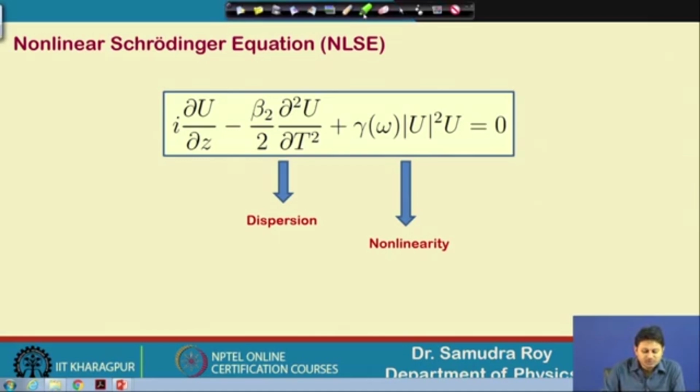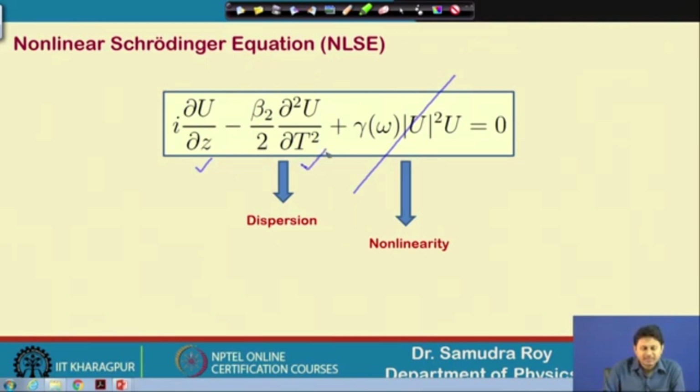This is the equation. If I remove this nonlinear part, then the rest of this equation will be similar to the equation that we have in our quantum mechanics class, which we call the Schrodinger equation. In the time dependent Schrodinger equation, we have a single derivative of time and a second order derivative of space.